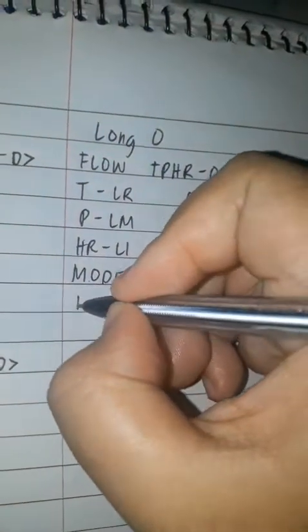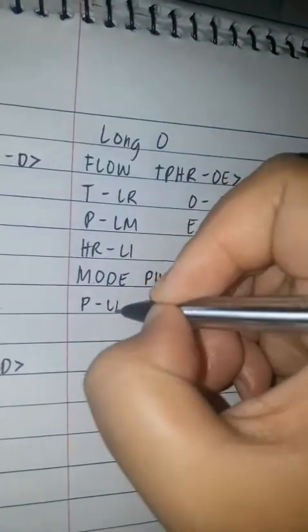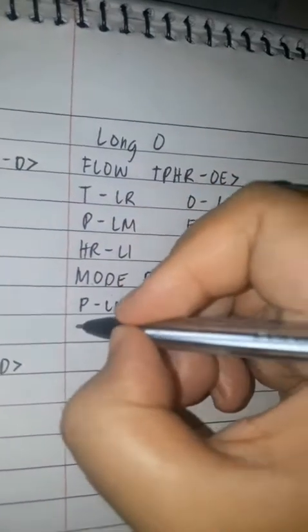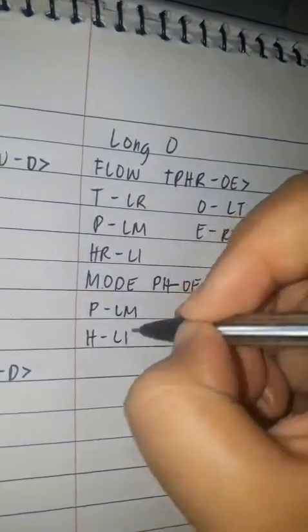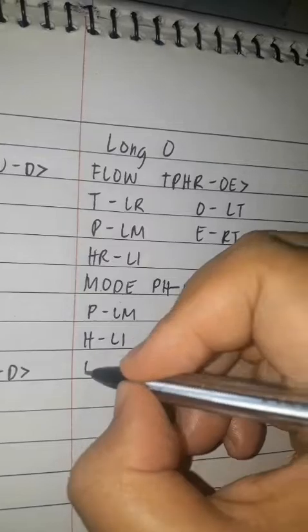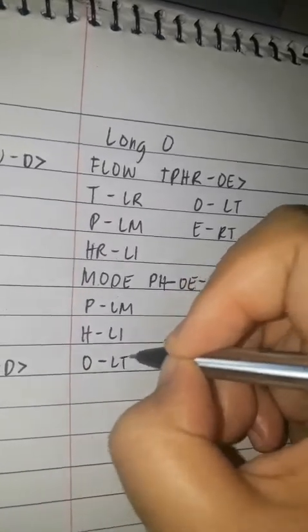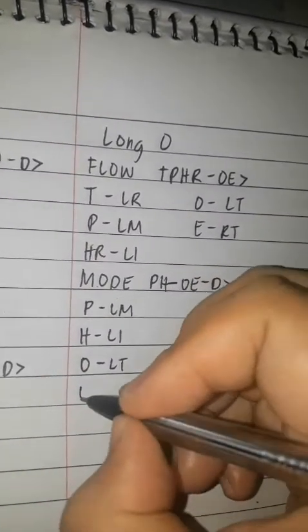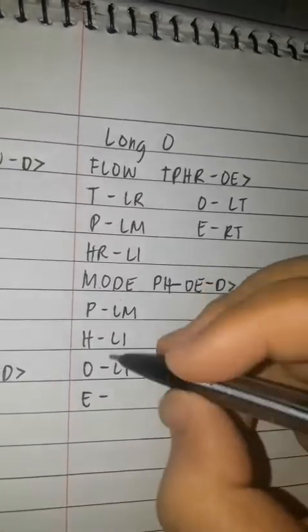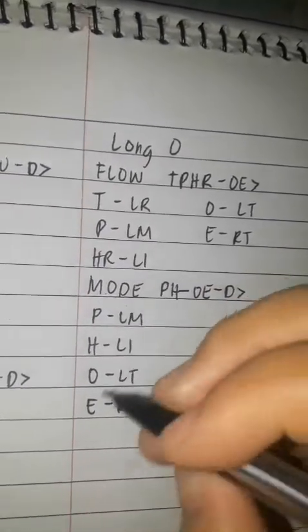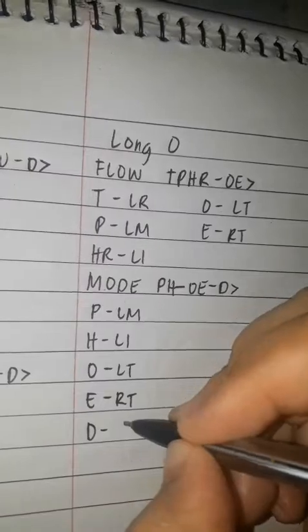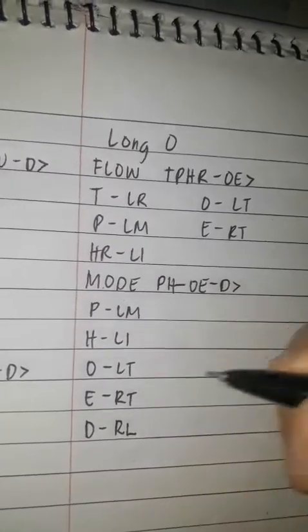So the assigned fingers for P, we have left middle, H, we have left index, O, we have left thumb, E, we have right thumb, and D, we have right little.